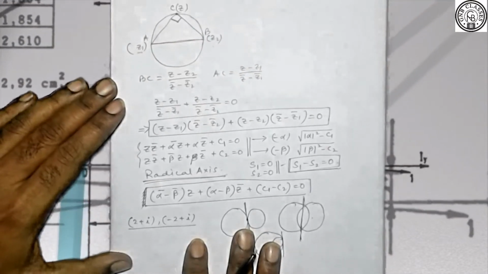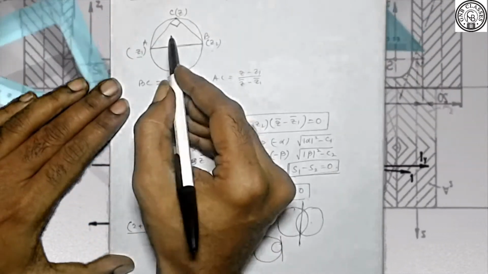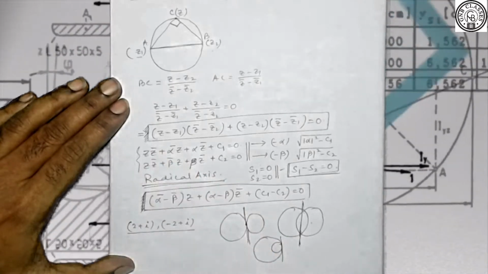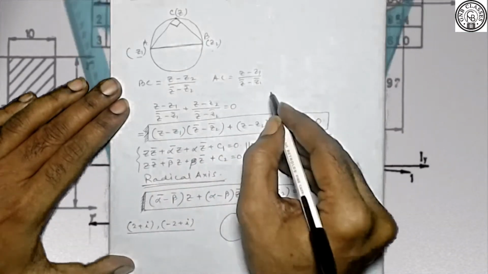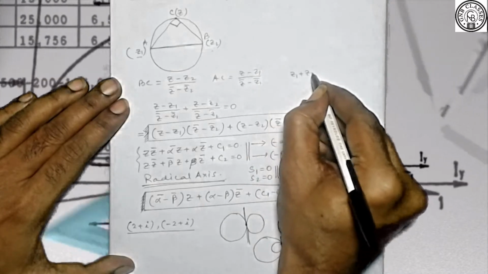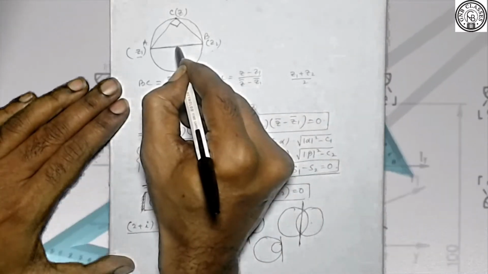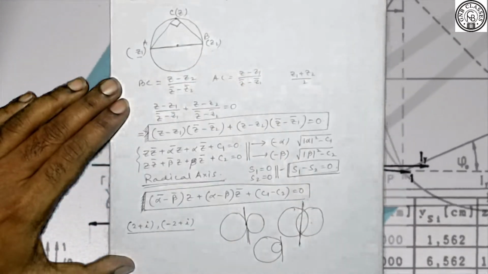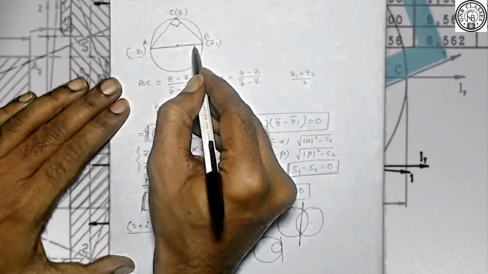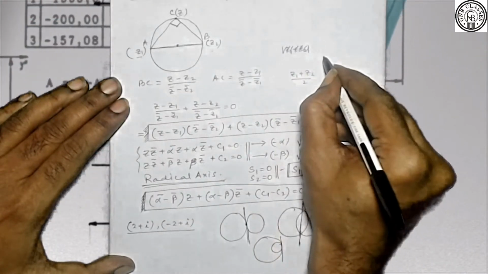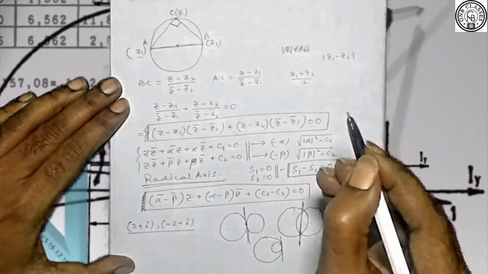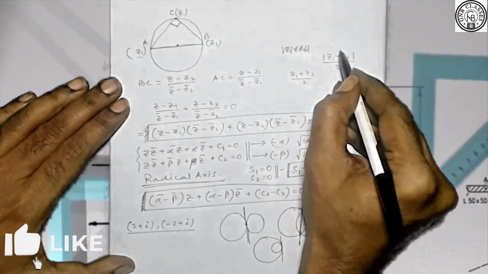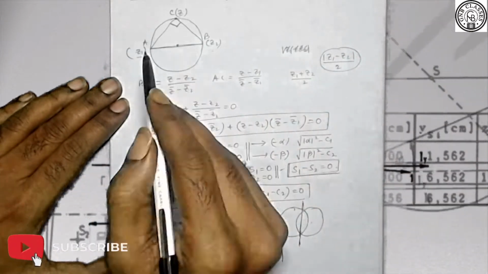The diametric form of the circle is given by this equation, where its center will be at (z1 plus z2) by 2, because the midpoint of the two extremities is the center of the circle. And what is the radius? It's simple. You find the distance between z1 and z2 and divide it by 2. That gives you the radius of the circle.